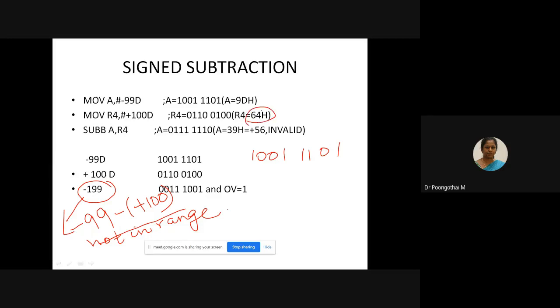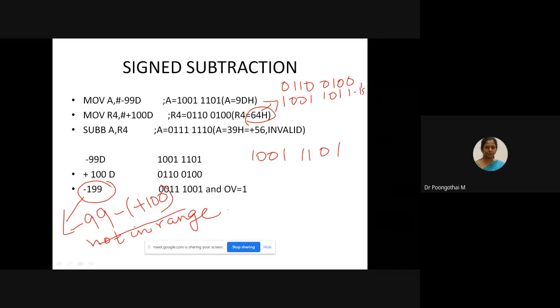Okay. So take the 2's complement of 64. 0110 0100. This is 1's complement answer: 1001 1011.